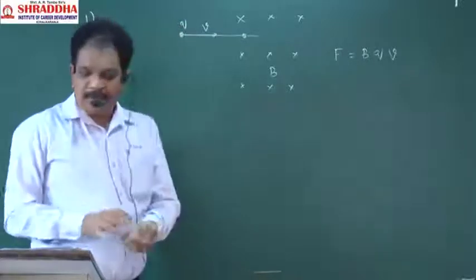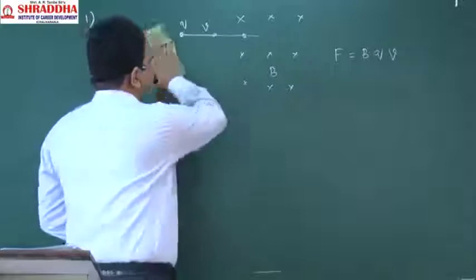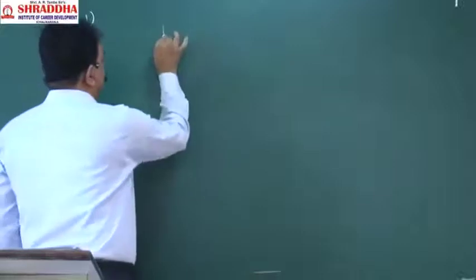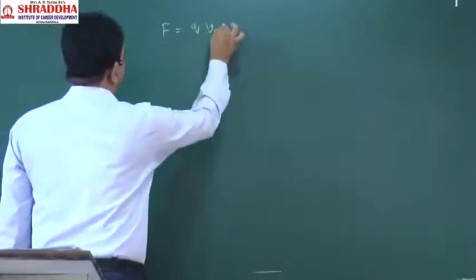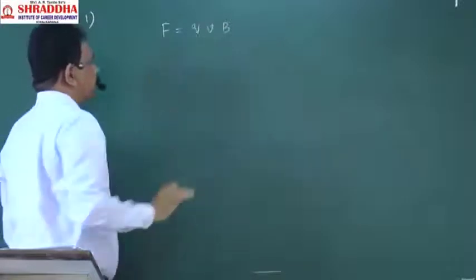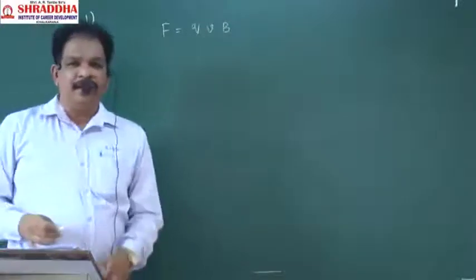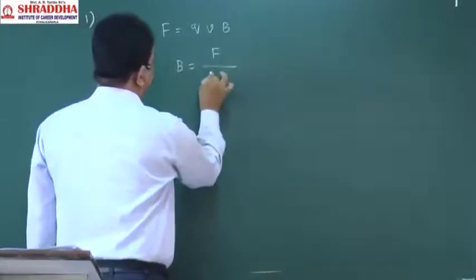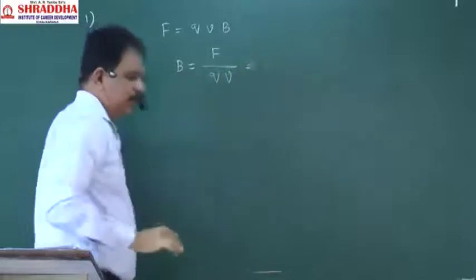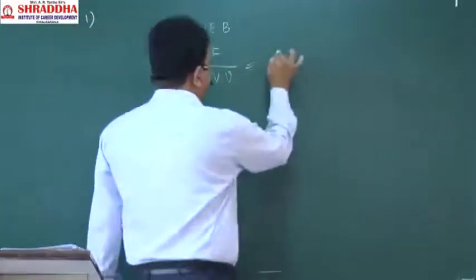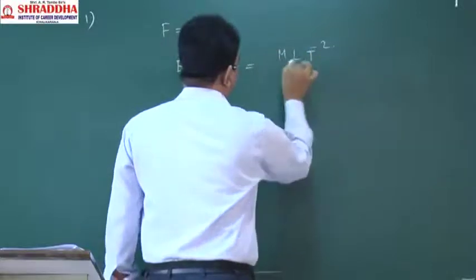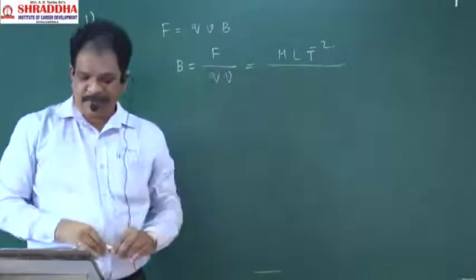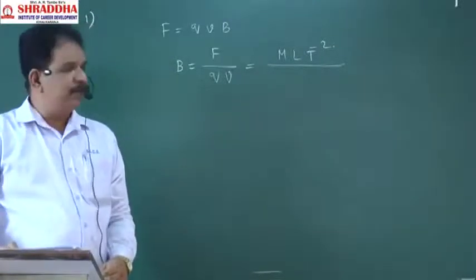Okay, simple. They gave one equation. Using that equation, you find the magnetic field. F is equal to QVB. Find the magnetic field dimensions. B is equal to F by QV. F value will be MLT power minus 2.